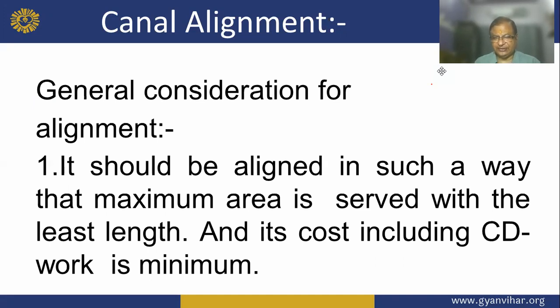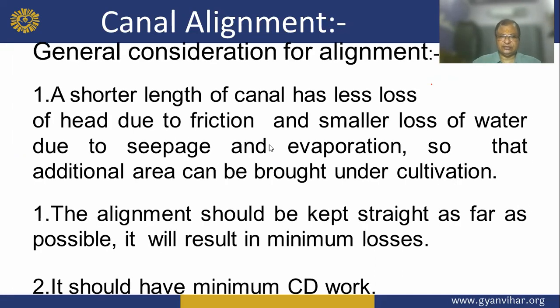So it should be aligned in such a way that the maximum area is served with the least length, and its cost including CD work is minimum. Suppose here is an example, A, B, C, D, 4 blocks. So in this case, CD work is minimum.